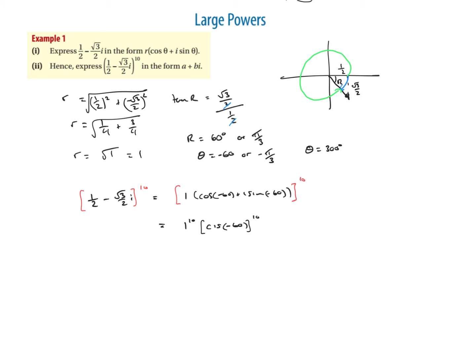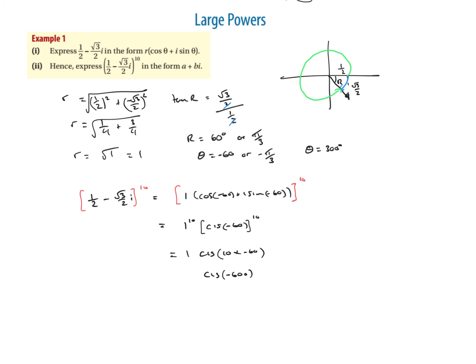What some people forget to do, guys, is whatever's in front of the cis value, they forget to do the power to. Fortunately, it wouldn't make any difference in this case because 1 to the power of 10 is just 1. So we end up with 1, and hopefully you can see that De Moivre states that we bring the power in front of the angle that we already have. So we have cis of 10 times minus 60 in the angle. If we work that out, we get cis of minus 600.